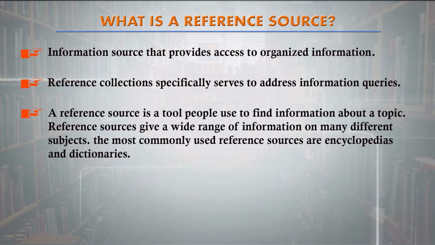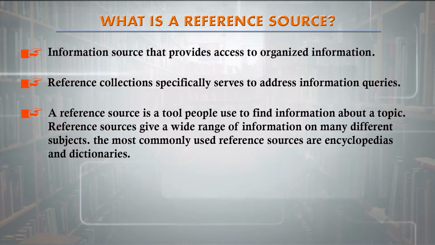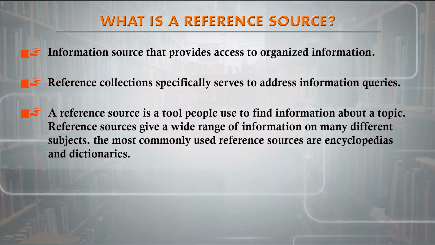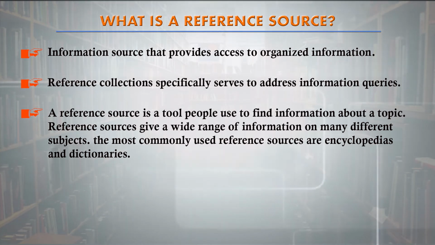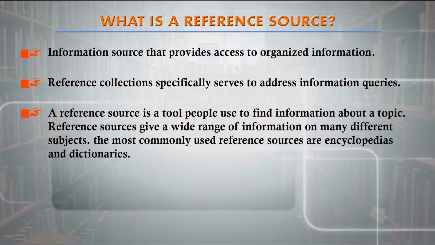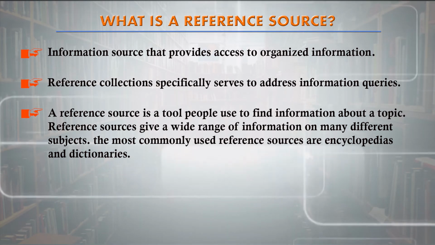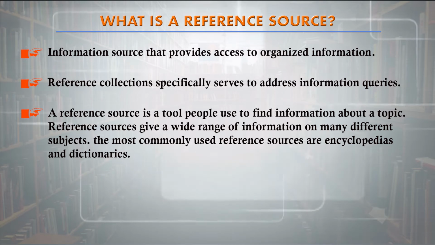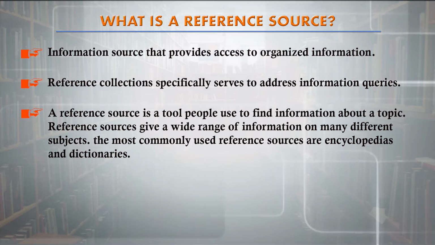So, this way a reference source is a tool which helps the user to find their information on a given topic. These reference sources have a wide range. Different types of reference sources are available on different types of information and on different subjects.